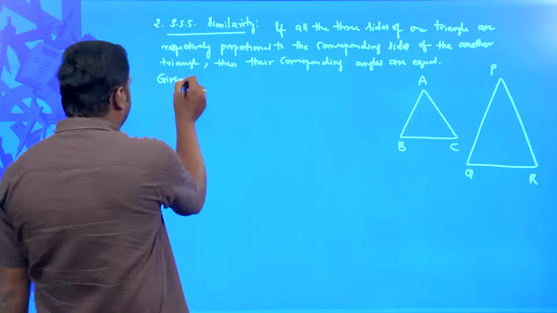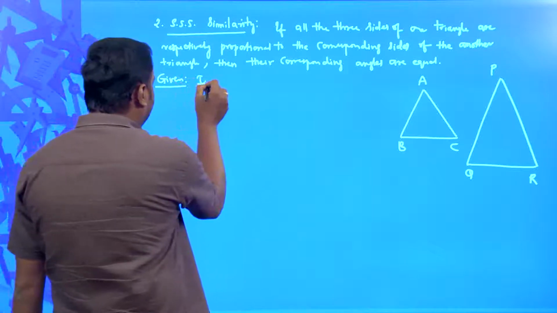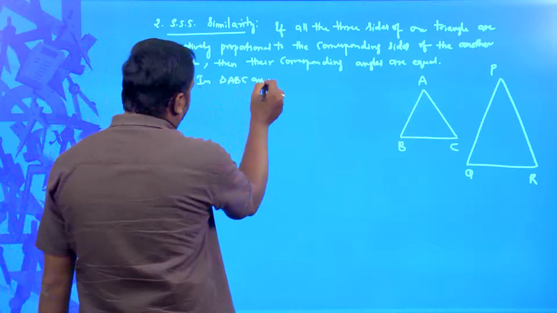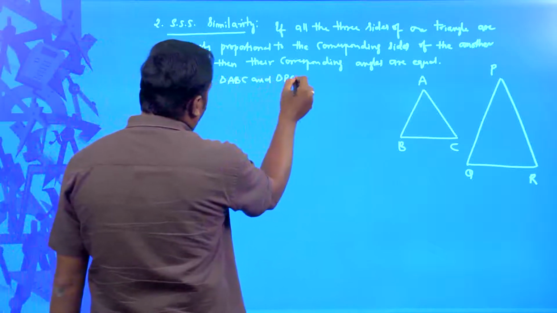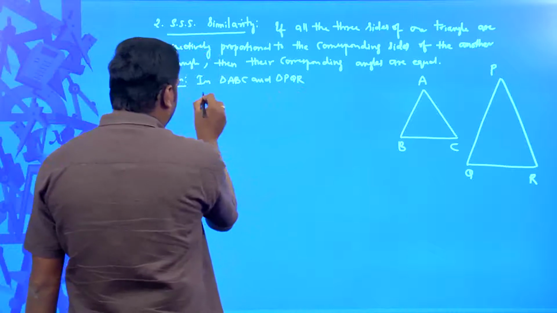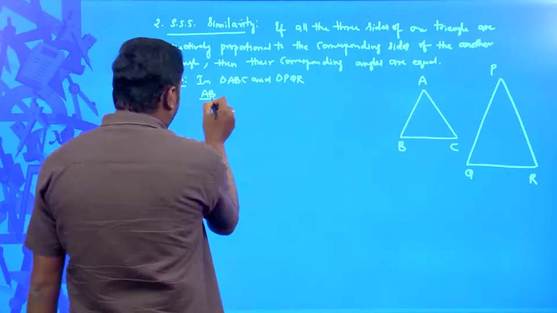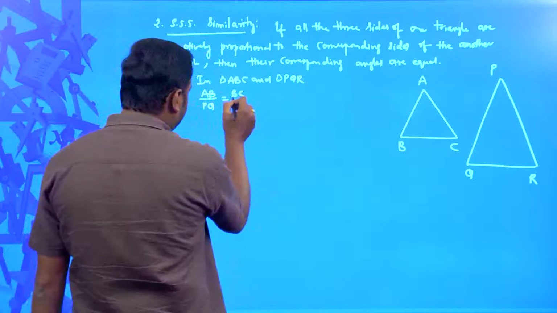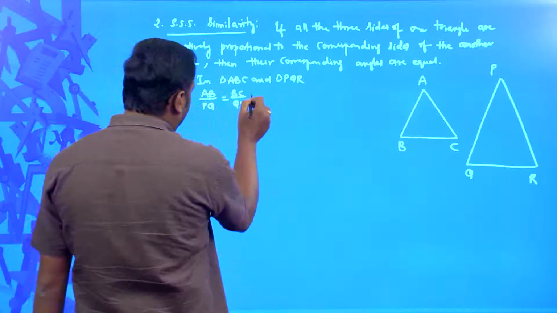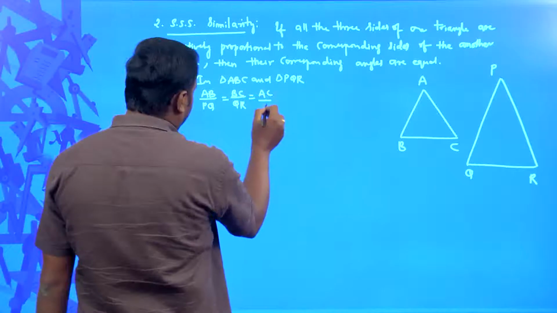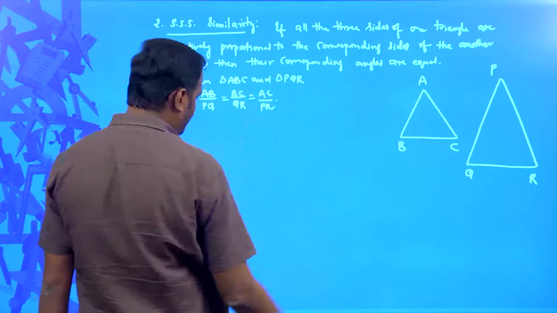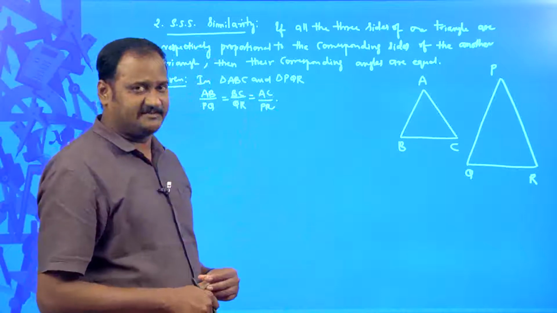In triangle ABC and triangle PQR, first side by first side AB by PQ is equal to second side by second side BC by QR is equal to third side by third side, that is AC by PR. Corresponding sides are proportional.